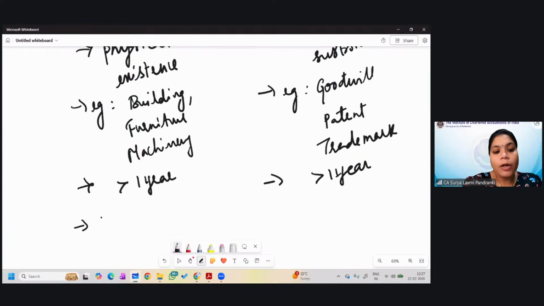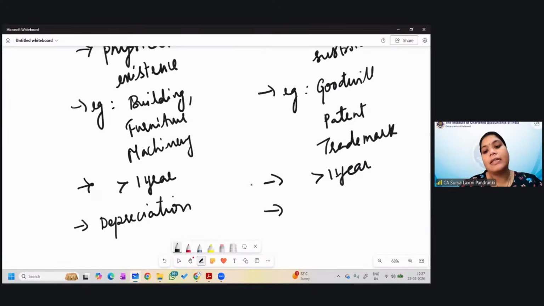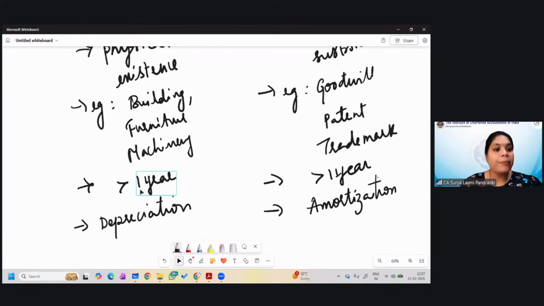Now, if it is a tangible asset, then it is called depreciation. If it is an intangible asset, then it is called amortization. The meaning is almost the same, but the word we use is depreciation for tangible asset and amortization for intangible asset. That's the only difference in the words. Okay, right.